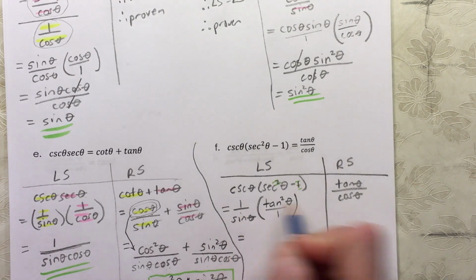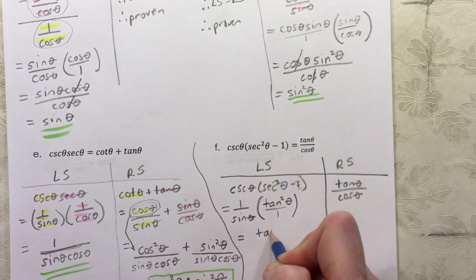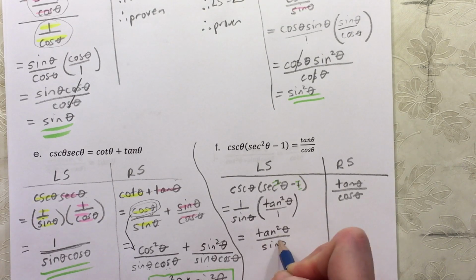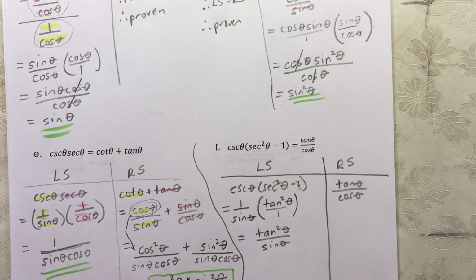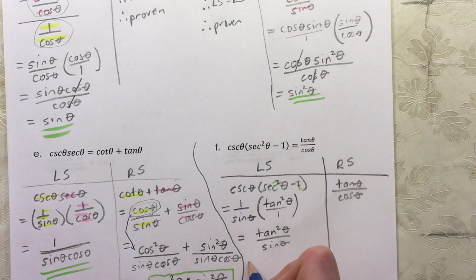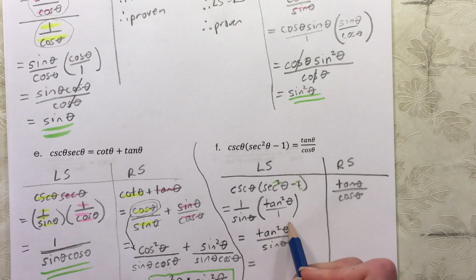All right, so if we multiply the tops together, we get tan squared theta, and the bottoms together, we get sine theta. So if we look at both sides, they do not match yet, okay? So what's another way of writing tan? So it's in terms of our building blocks, sine and cos.